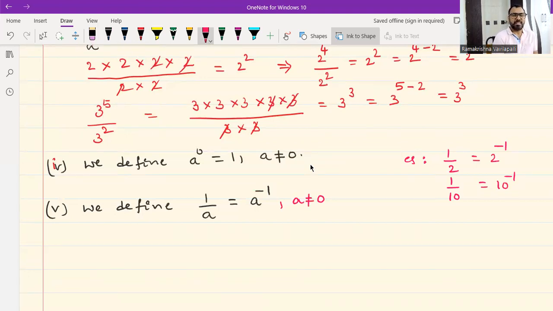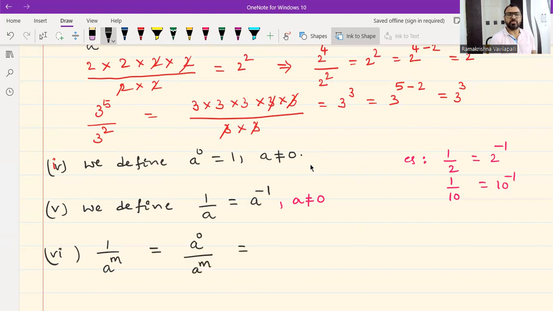So now when we multiply 1 by a some n times, then how do we express? So this is for negative exponent. Here minus 1 is the negative exponent. The latter one is 1 by a to the power of m. We write this 1 as a to the power of 0 by a to the power of m.